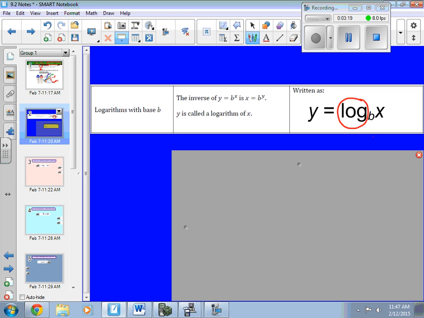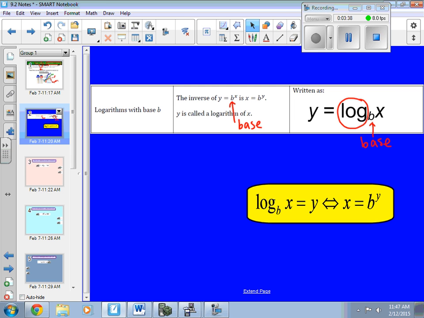This b right here is your base. Just like we had a base of our exponent, we have a base of our logarithm, and x and y are the same x and y's as before. So if we use this definition of log, then these two things are actually equivalent. If you have log base b, this is again our base, that's the same base as right here.